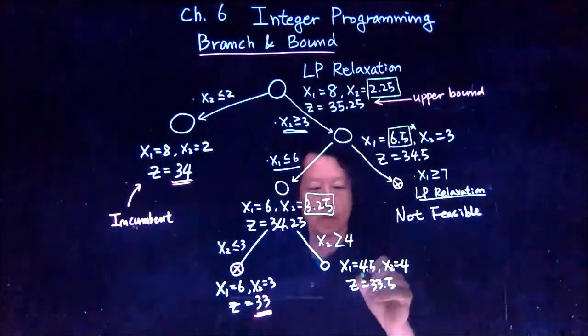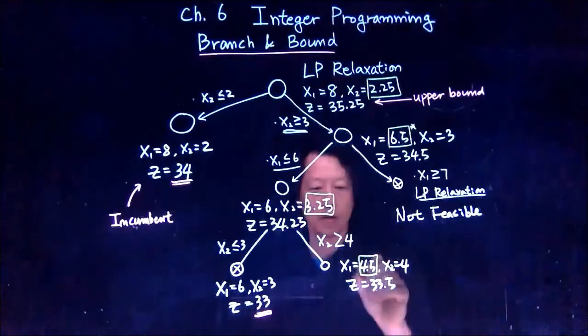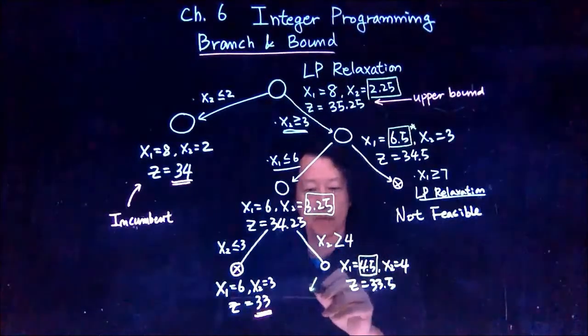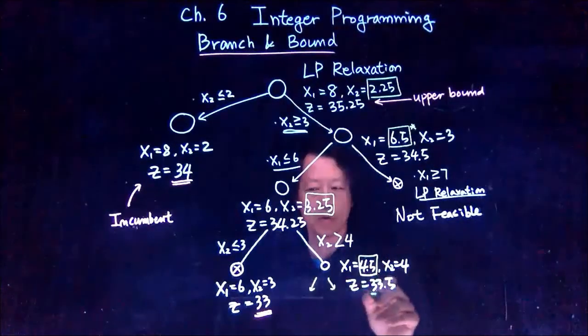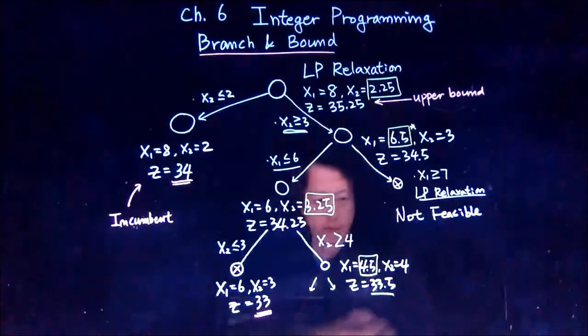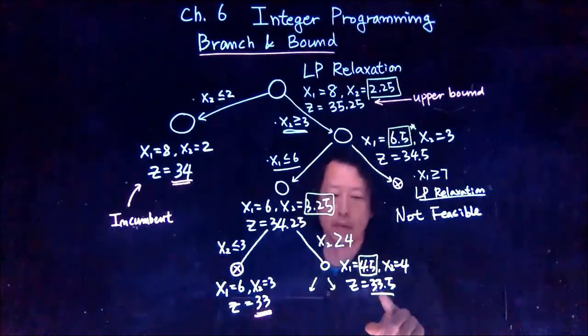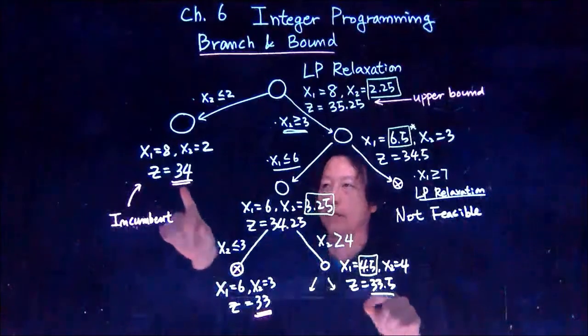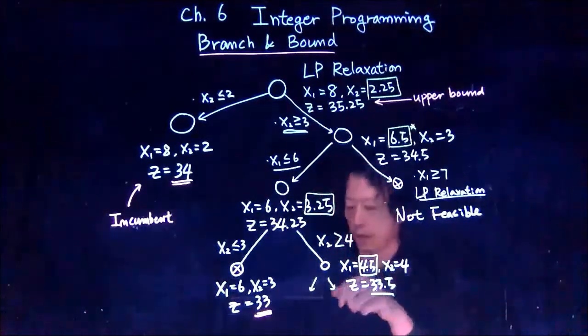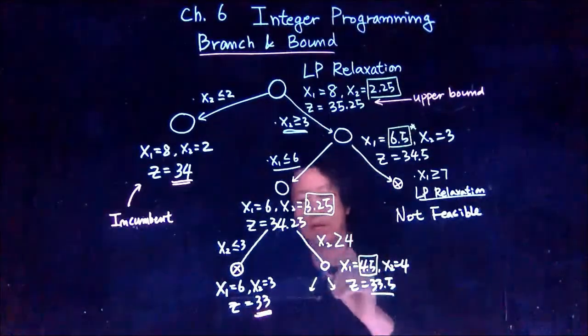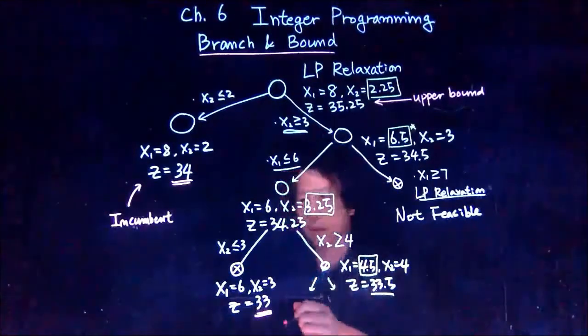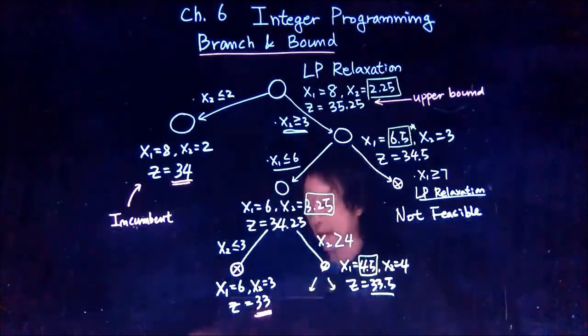Now again, x1 is not an integer value, but we don't have to branch out more because again our number, so 33.5, is lower than 34, which is the incumbent solution. So we terminate this node again also. So which means we terminate everywhere.